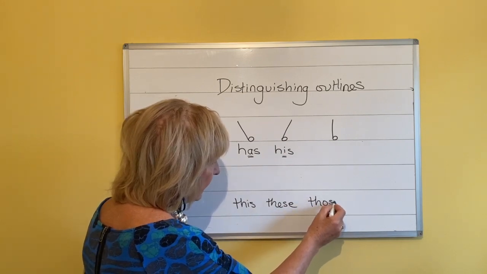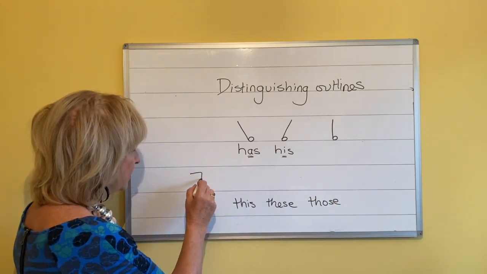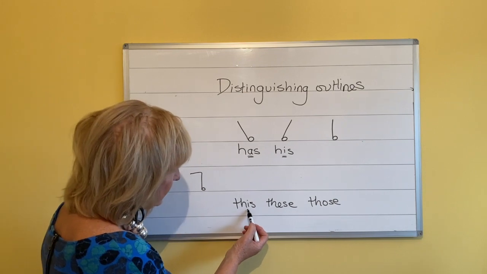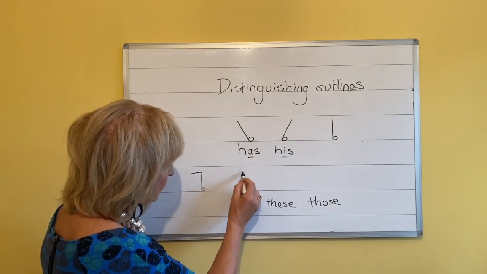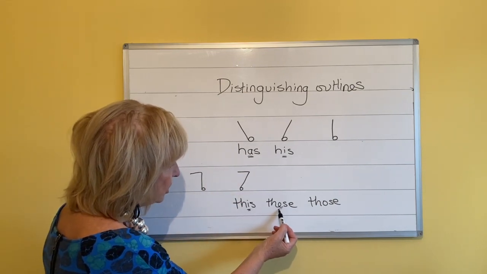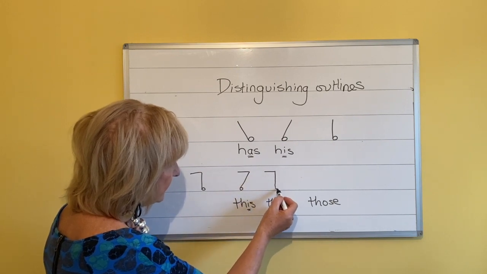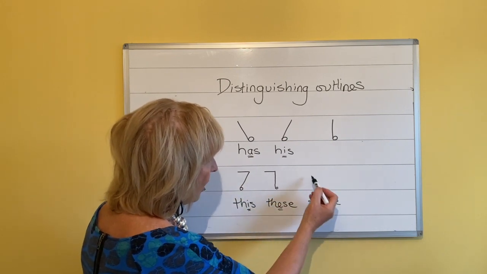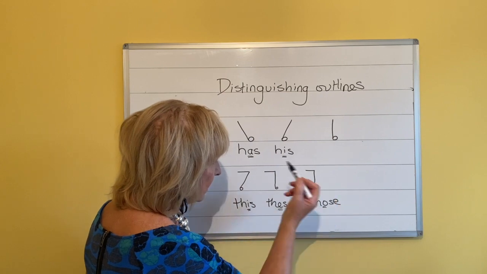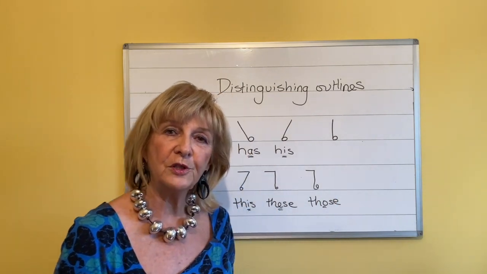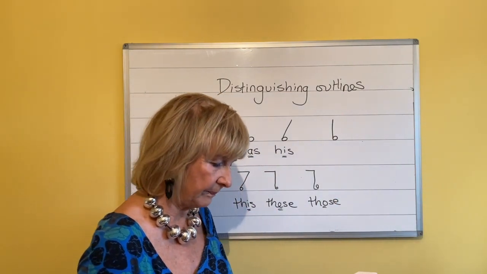All 3 outlines could look like this, THS. But if we slope the H the way the I goes for this, bring it straight down for the E and these, and include the O for those, it makes it easier for us to transcribe accurately.